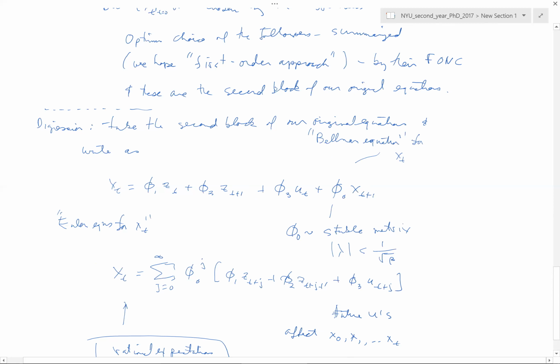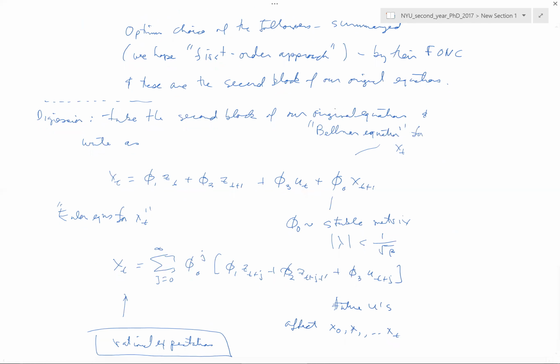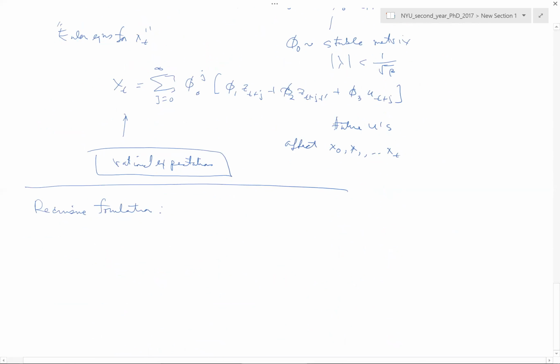And now we're going to see that this object that itself satisfies the Bellman equation is going to be an argument of another Bellman equation. And that's why we're loosely using this term dynamic programming squared. This, in this class, is our first encounter with this apparatus. We're going to see it often.